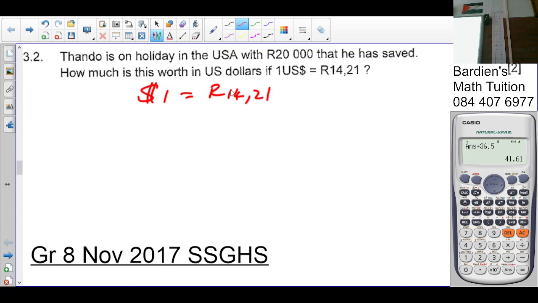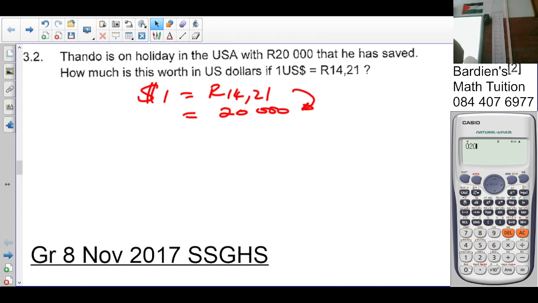So 20,000 Rand goes under the rands, of course. You ask yourself, how do we get from 14.21 to 20,000? We definitely multiply. So it's going to be 20,000 divided by 14.21.